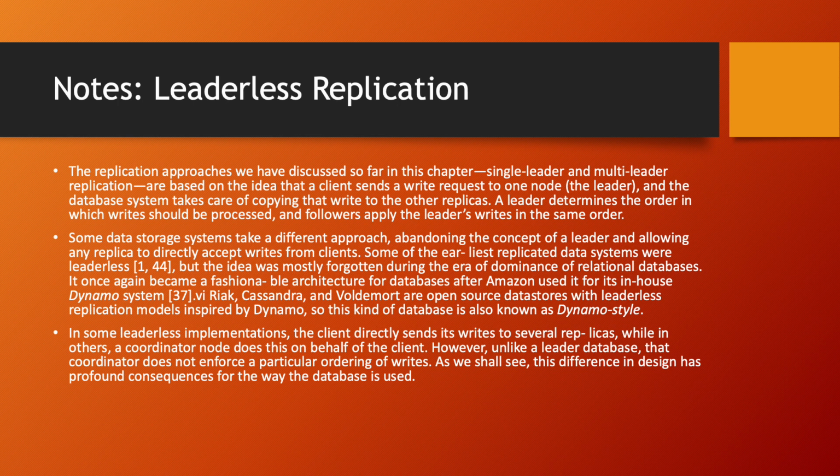So this kind of database is also known as Dynamo-style. In some leaderless implementations, the client directly sends its writes to several replicas, while in others, a coordinator node does this on behalf of the client. However, unlike a leader database, the coordinator does not enforce a particular ordering of writes. As we see, the difference in design has profound consequences for the way the database is used.